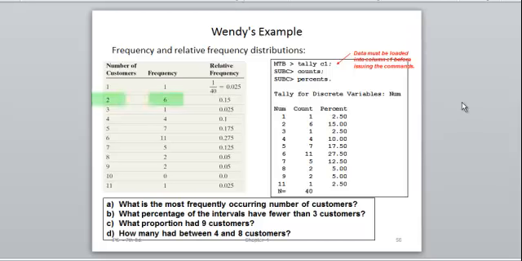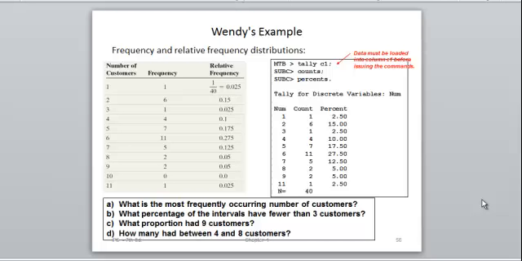We saw two customers 6 times. So 6 out of the 40 days, we only saw 2 customers come up to the drive-through window from 12 to 12:30. We saw 8 customers come up to the drive-through window 2 out of the 40 days. And if you look here, the largest number of days is 11, so we saw 6 customers between 12 and 12:30, 11 out of the 40 days.